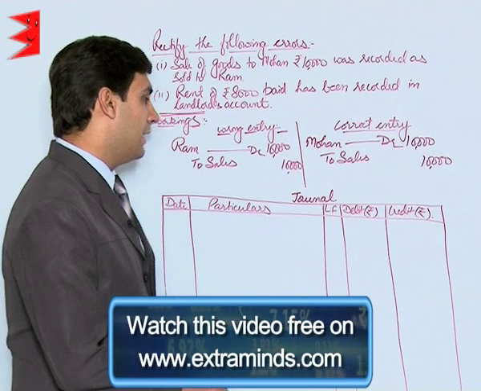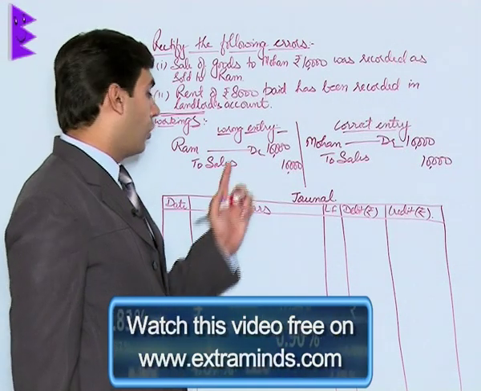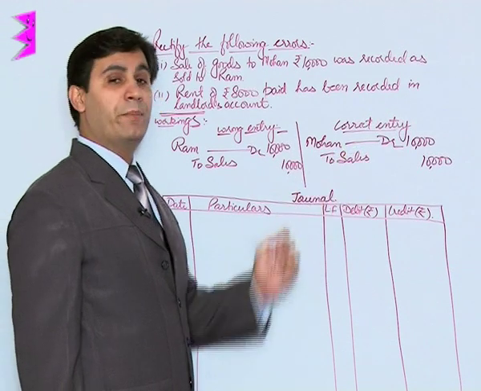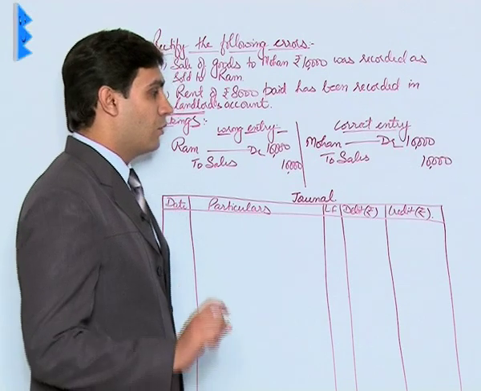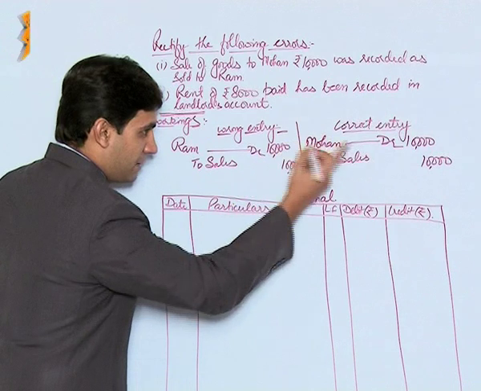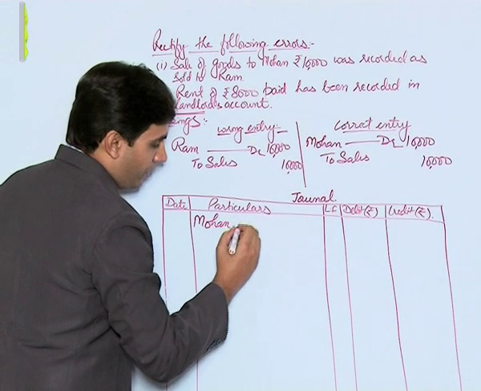So the only error that now remains is that Ram should not have been debited, but he was wrongly debited, whereas Mohan should have been debited and this effect is not appearing in his books of accounts or in his account. So we'll do this entry as Mohan was not debited, debit him now. Mohan debited.